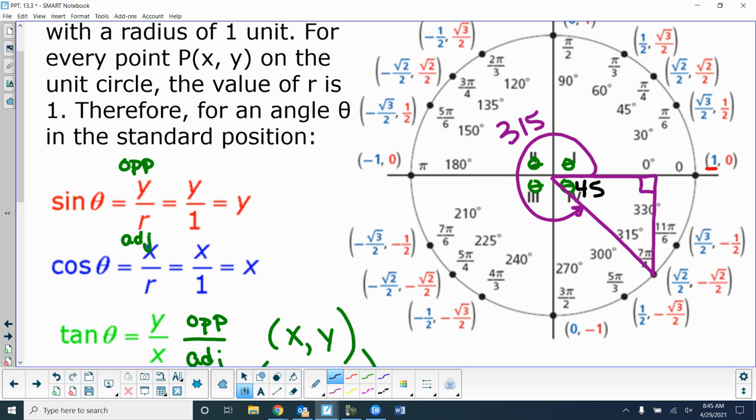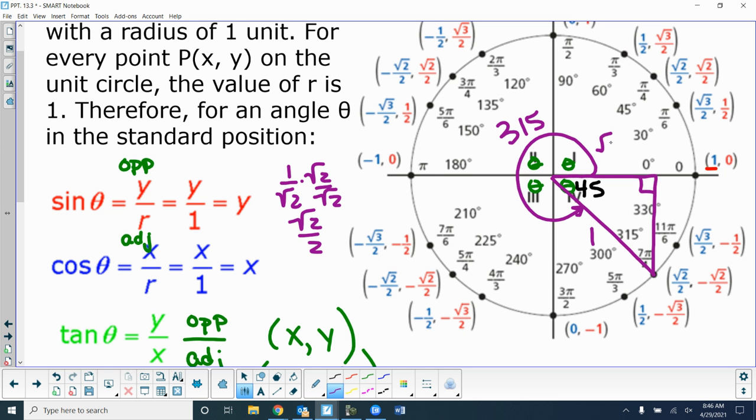Remember, the hypotenuse is always going to be what? 1. Okay, so when it's a 45, 45, 90, how do I get from hypotenuse to a side? Divide by square root of 2, right? And then when you rationalize it, you get radical 2 over 2, right?